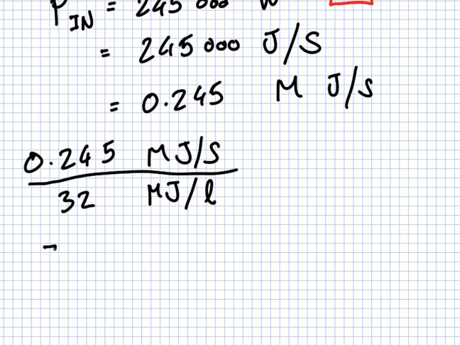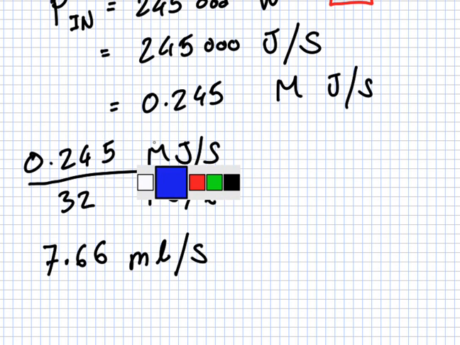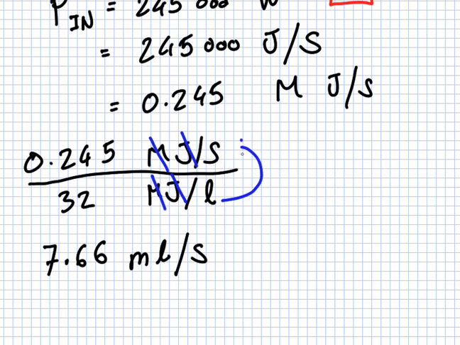So this is 7.66 milliliters per second. Because what happens here is you can see that the mega and mega cancels, the joule and the joule cancels, and this per litre can go up to the top as litre, so it's litres per second.